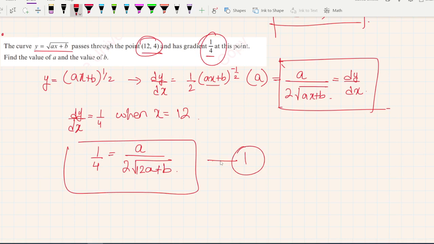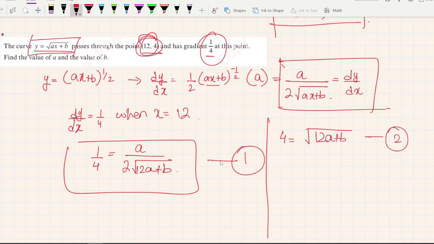From where are we going to get equation number 2? We know that this curve passes through this point, right? So I can plug in the coordinates of this point into the equation of the curve as well. From this I get 4 equals to root of 12a plus b.